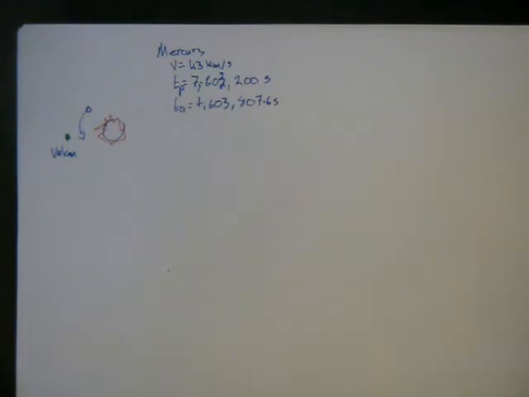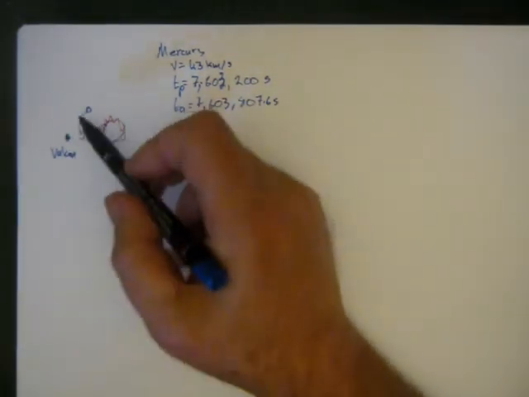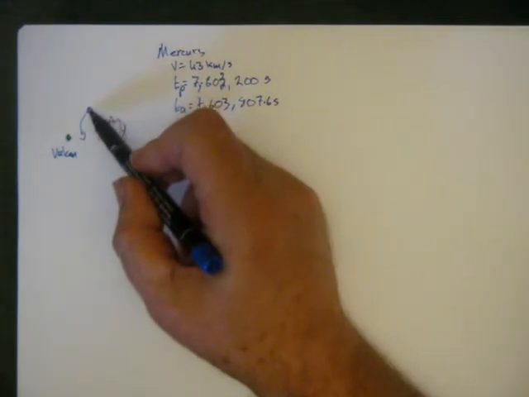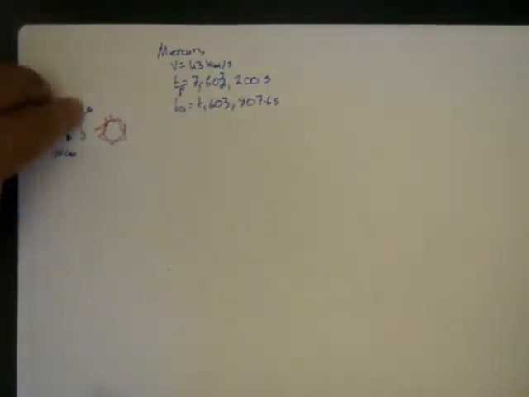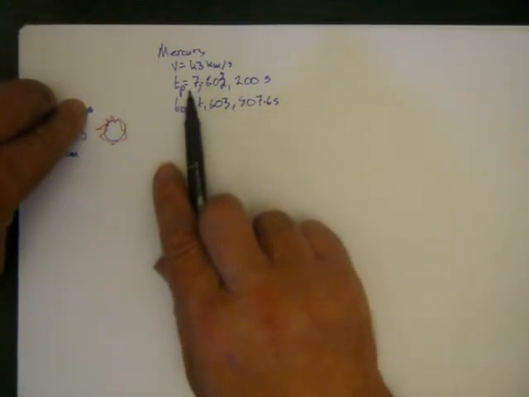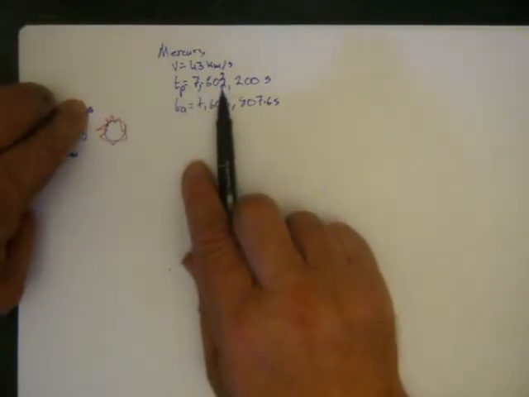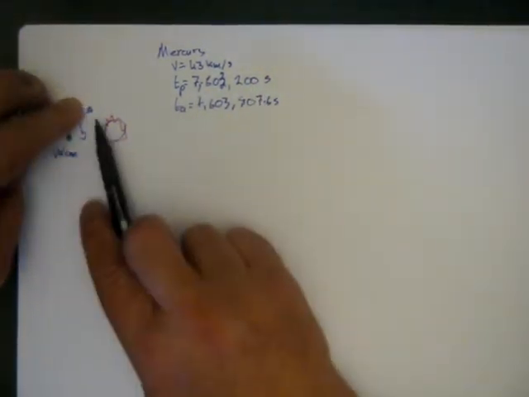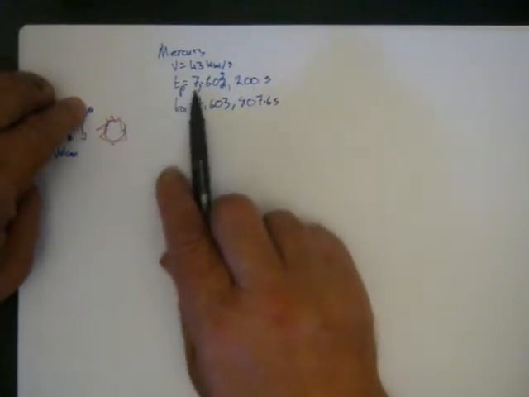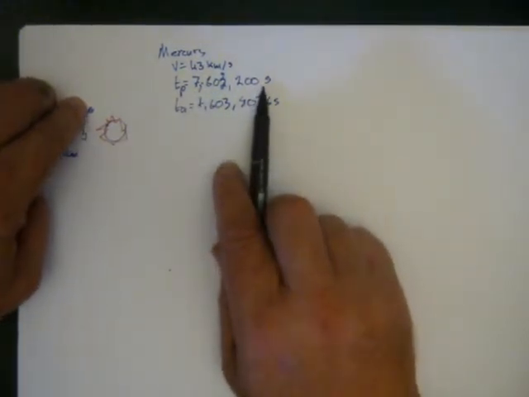Einstein's theory of relativity basically predicted that on the planet, one orbit takes 7,603,200 seconds. So if you're on the planet, it will take that long to do an orbit.